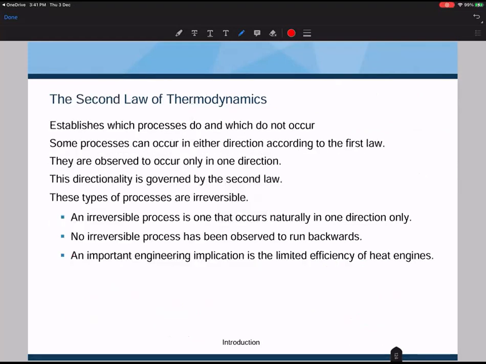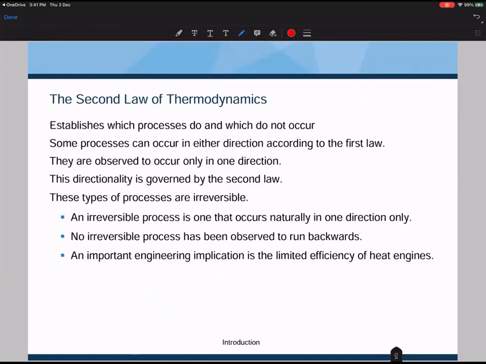And such a concept leads to very important consequences. For example, we can never have an engine that has 100% efficiency, not to mention more than 100%.